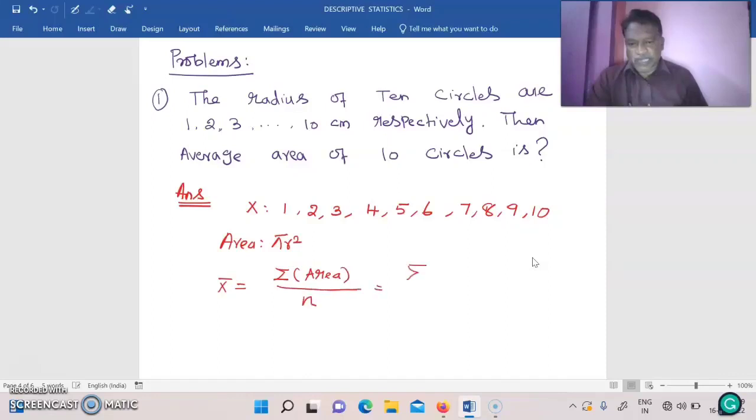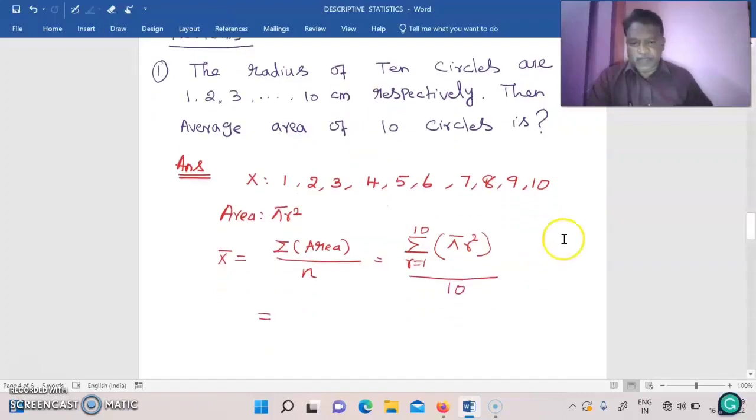So the sum of the area is nothing but sum of pi r square, r is from 1 to 10, divided by 10. Pi is a constant, so that can be taken out of the summation. So pi times sum of r square, r ranging from 1 to 10, divided by 10.